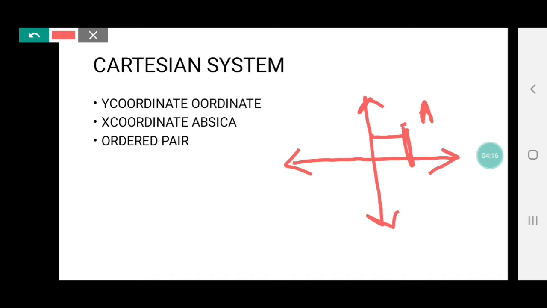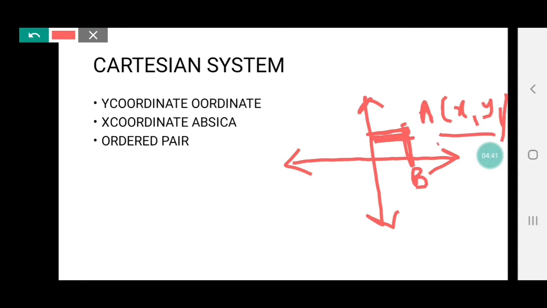Okay, or you can say AB is parallel to the y-axis, so this is y, and here it is parallel to the x-axis, so it represents the x coordinate. Okay, now here it will be (x1, y1).